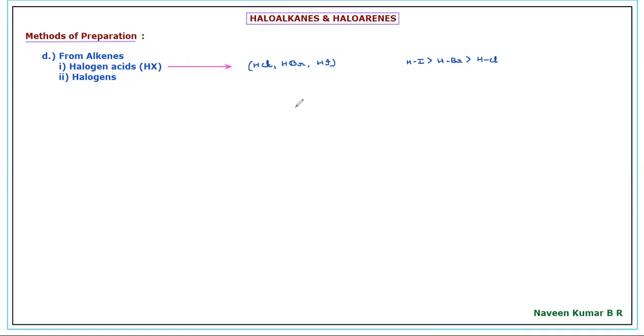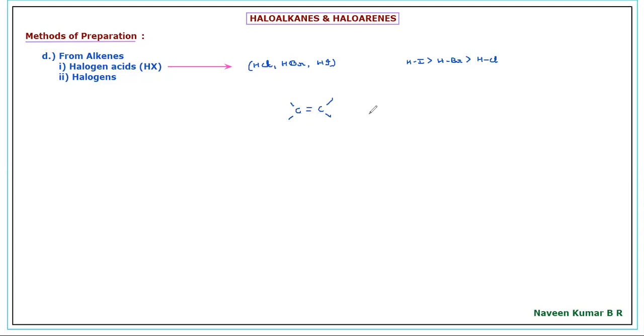Now, with respect to alkenes, we'll take any alkene, a double bond containing hydrocarbon, with the presence of one pi bond around carbons in sp2 hybridization.